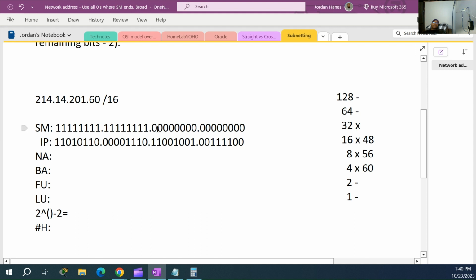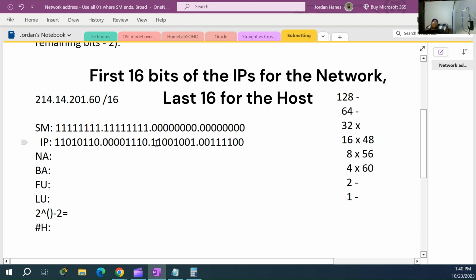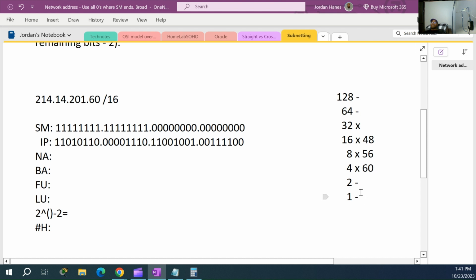And the remaining bits would be for our hosts, so that would be 16 itself. 16 plus 16 is 32. And again, an IPv4 address has 32 bits inside of it. 8 plus 8 is 16, plus 8 is 24, plus 8 is 32. So essentially, we're going to follow the rules up top here now because we don't actually need this chart anymore. I'll clean it up.